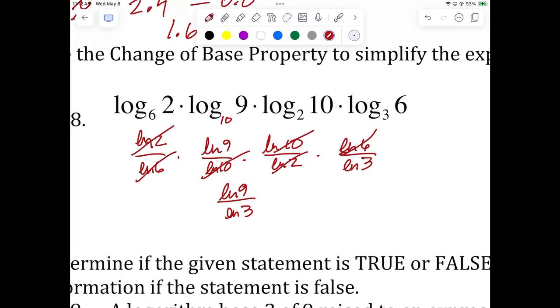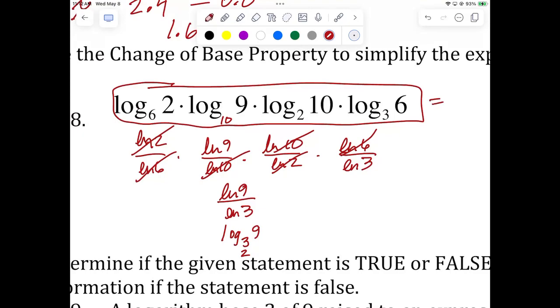Now, if you want to simplify that, that's log base 3 of 9. Now, can we evaluate that? 3 to what power is 9? 2.